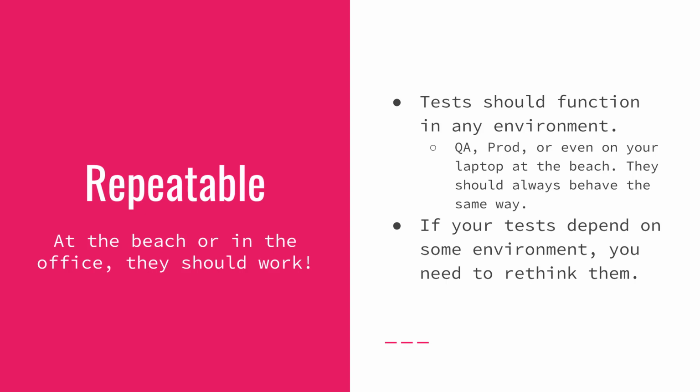There is no external influence on them, right? That ties into a previous rule that we talked about. If your tests depend on some sort of external environment, then you really need to rethink your tests because we need them quick and working anywhere.